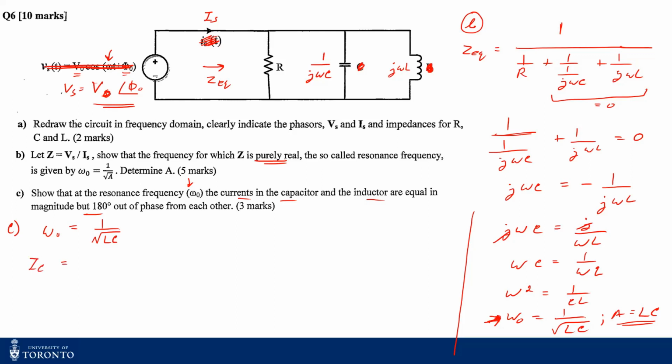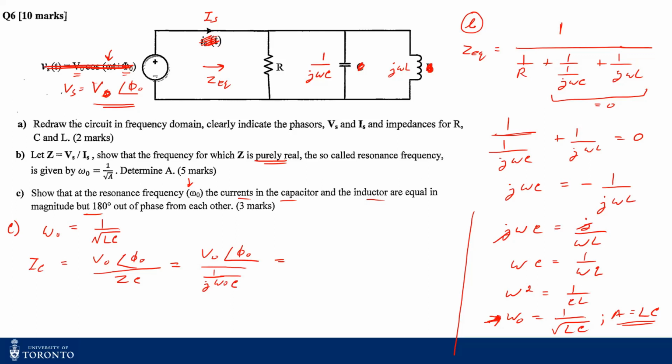Let's say IC. It's the voltage divided by ZC, right? Now what's my ZC? My ZC is 1 by j omega naught C.